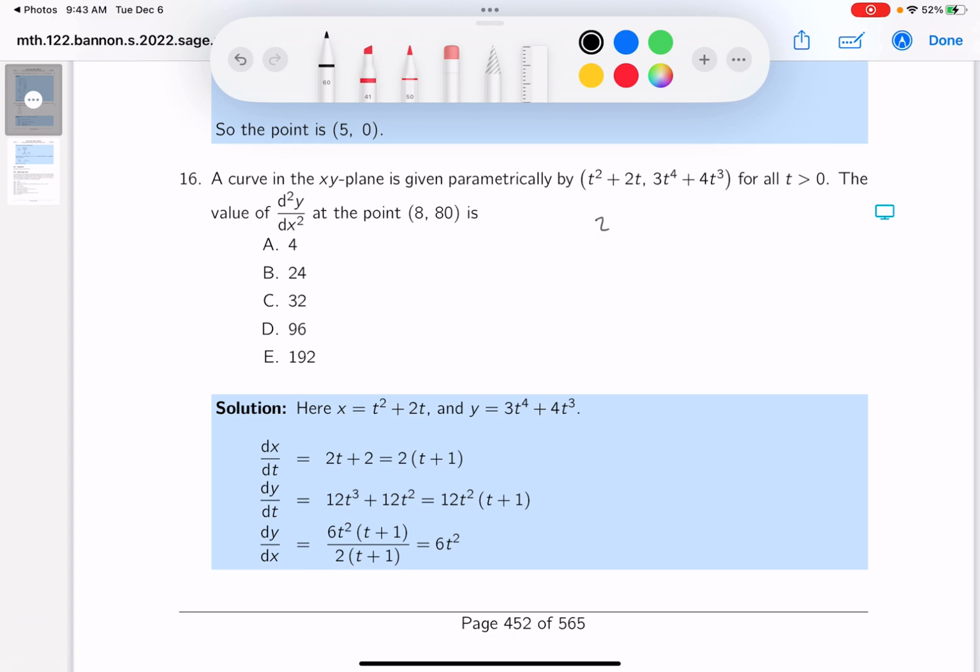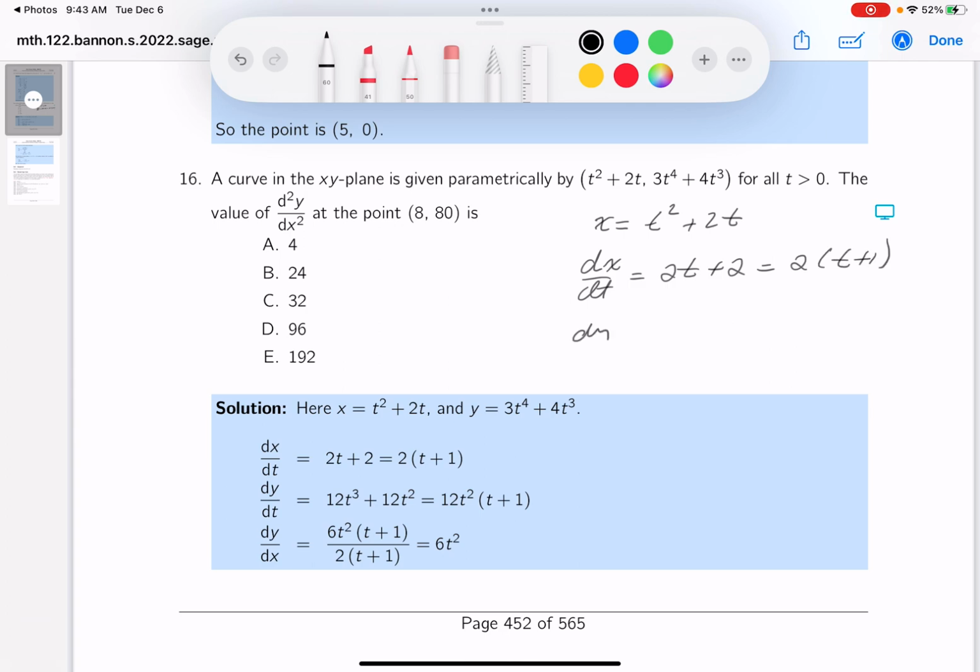And I'm going to say x is equal to t squared plus 2t. dx/dt, relatively simple, is 2t plus 2, or 2 times (t plus 1).